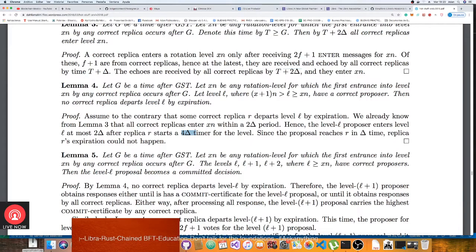So the next lemma tries to figure out more levels and more kinds of measures, but in some way only to see if L, that is the level, is bigger than the measures. So you can see here that the first lemma is trying to figure out if this is a correct proposal. Then the level proposal becomes a commit decision.